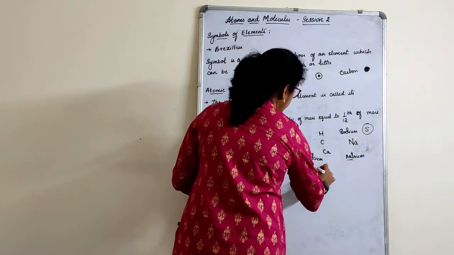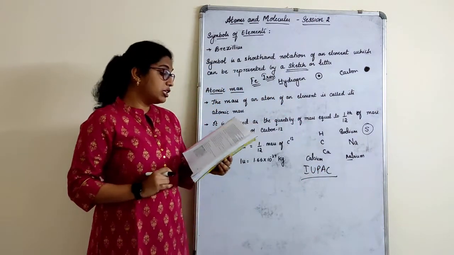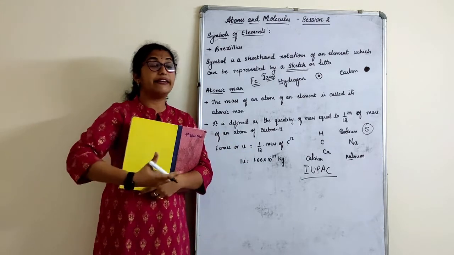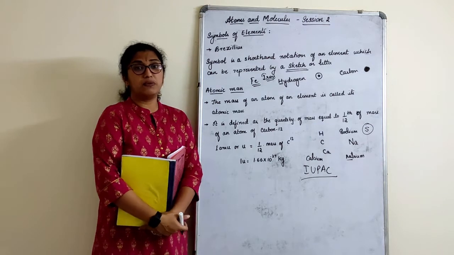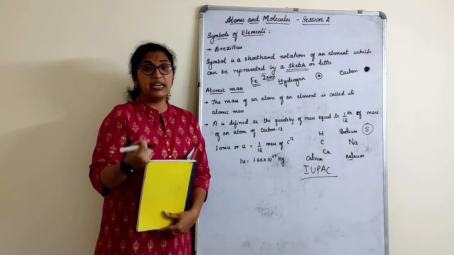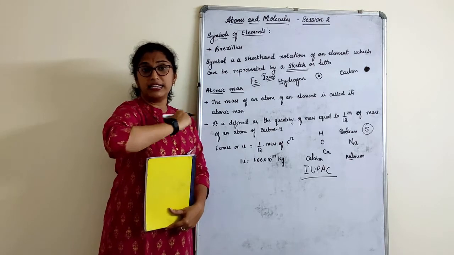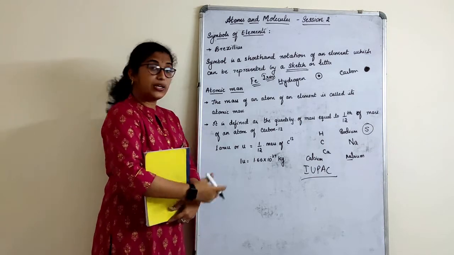Now what is this IUPAC? IUPAC stands for International Union of Pure and Applied Chemistry. Anything we give or do in chemistry has to be accepted by this organization, like a green signal, and then it is accepted worldwide.